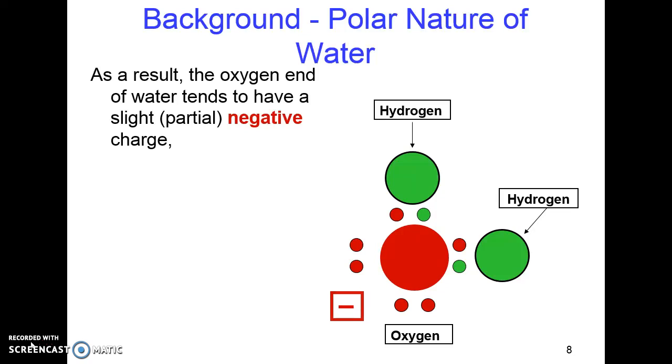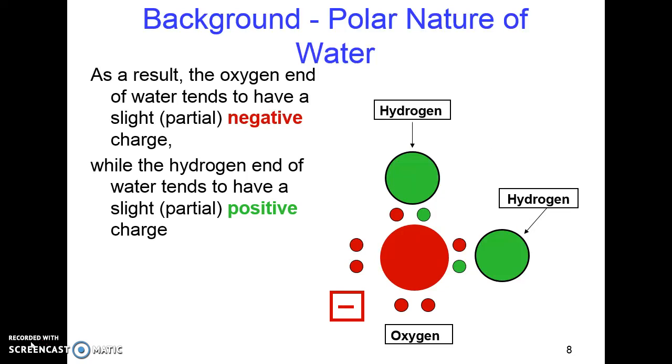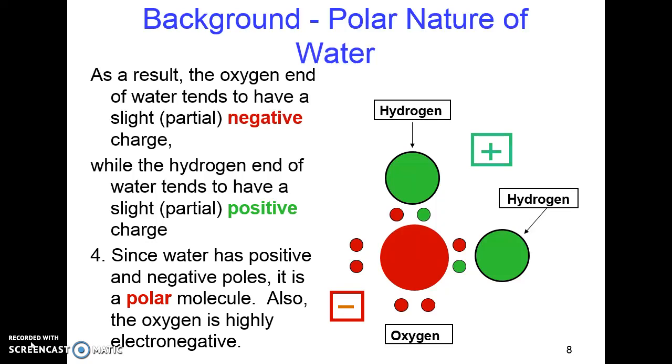Alright, as a result, the oxygen end of the water tends to have that slightly negative charge, and the hydrogen end has that slightly positive charge, and therefore it is a polar molecule. And I already said oxygen's very electronegative.